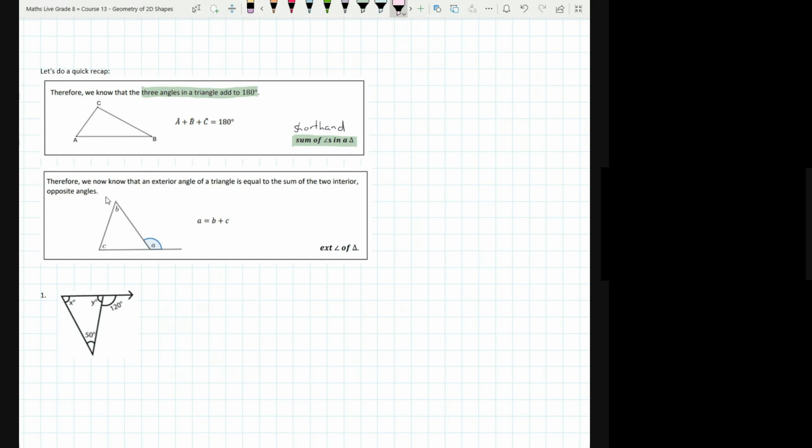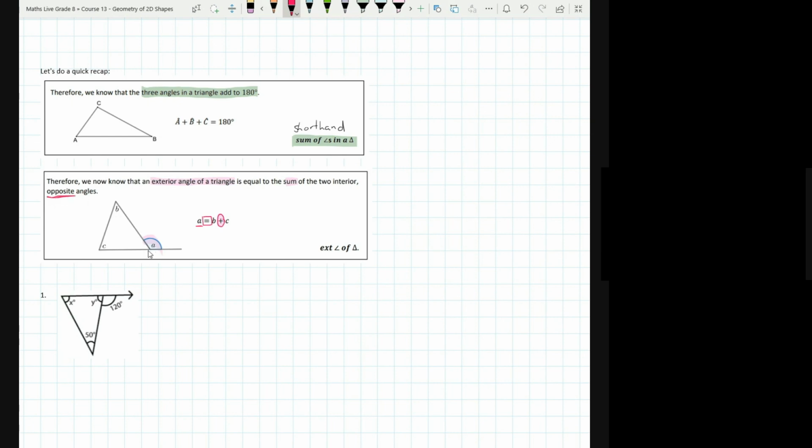Second rule that we learned about is the exterior angle of a triangle. We said that the exterior angle of a triangle is equal to the sum. Very important. So let's look at the breakdown. The exterior angle is equal to the sum, and the sum of what? The sum of my two interior but opposite angles.